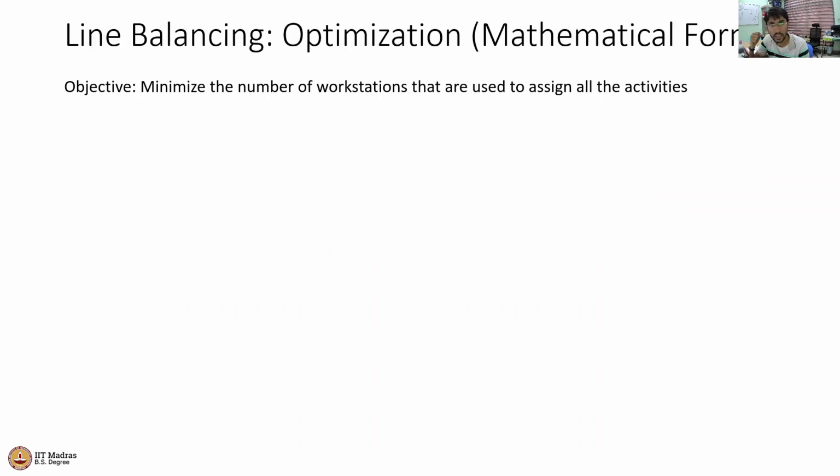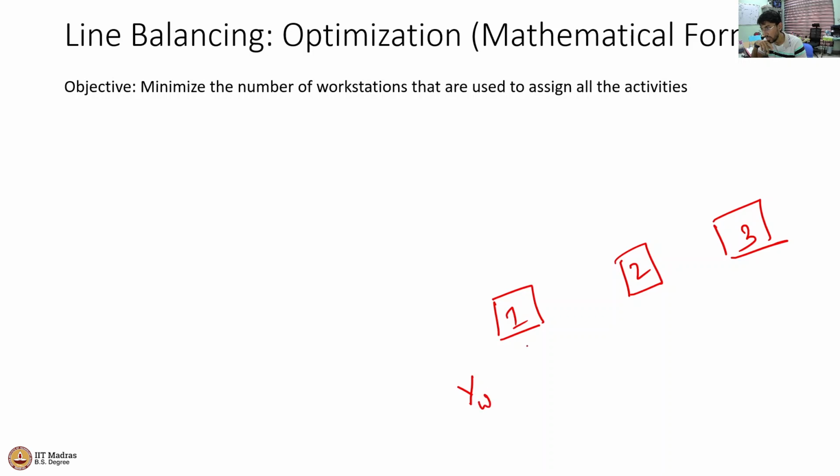So in the mathematical form, we want to minimize the number of workstations. What does that basically translate to? Let's say I have 3 workstations, 1, 2, 3, and the variable y_w, where w is 1, 2, 3, can either be 1 or 0 for each of these workstations, right?